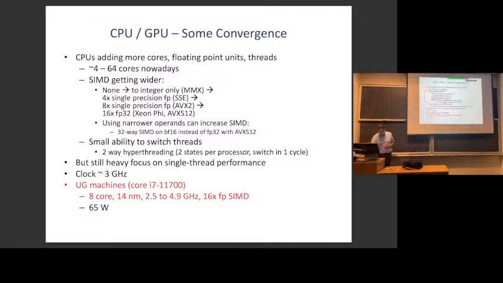So with this most recent AVX 512, you can do 16-way SIMD for 32-bit floats. But if you were going to do 16-bit floats, which is something that's useful for deep learning, it's not very useful for general computation, or you're doing 16-bit integers, then you get 32 of them in every instruction instead of 16 of them.